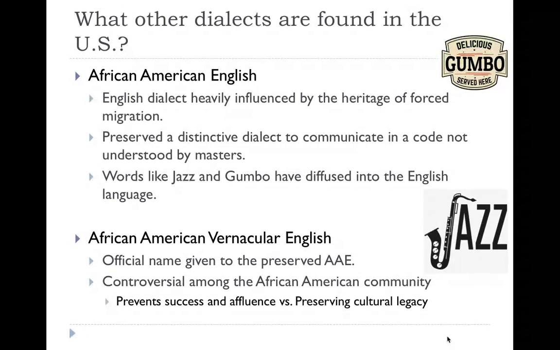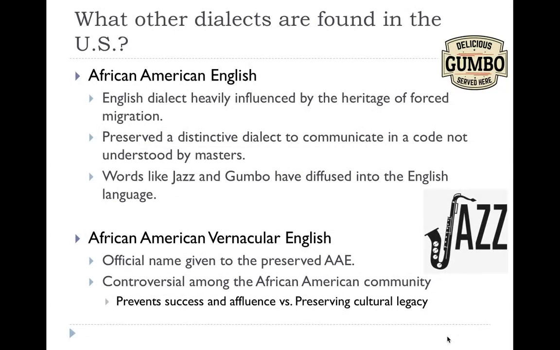And so they were able to preserve somewhat of a distinct dialect. They communicated with each other almost in a code, so that the masters and other people couldn't understand what they were saying. And so words like jazz and gumbo have actually diffused into the English language, which came from this original African-American English that was used as kind of a code amongst people.